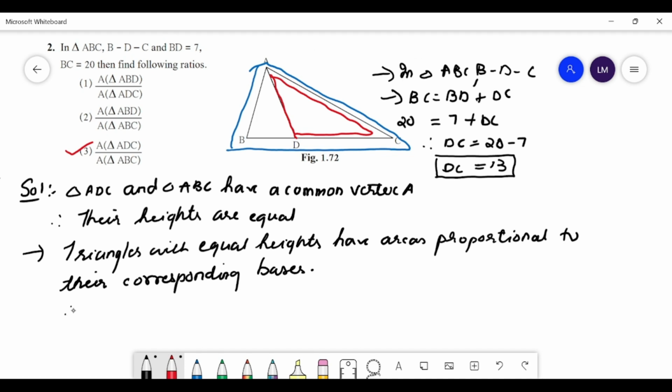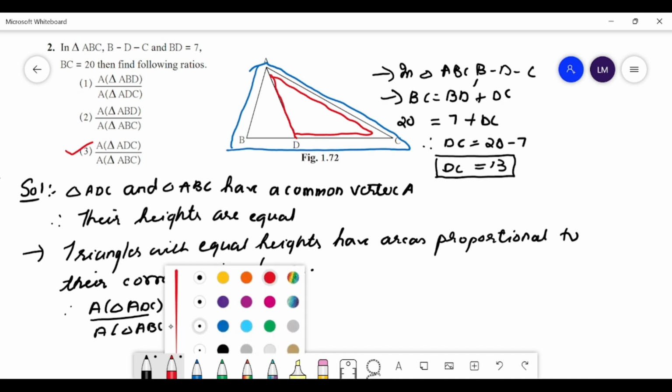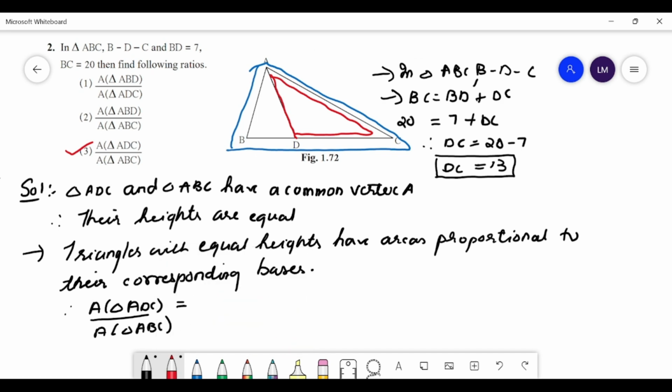Now, therefore, area of triangle ADC upon area of triangle ABC, right? Now, area of triangle ADC is having base as DC, right? So we can write here as DC, and area of triangle ABC is having base as BC.